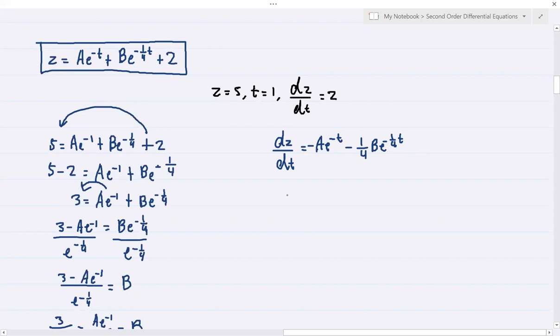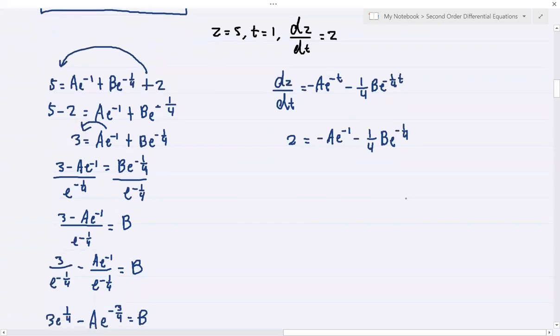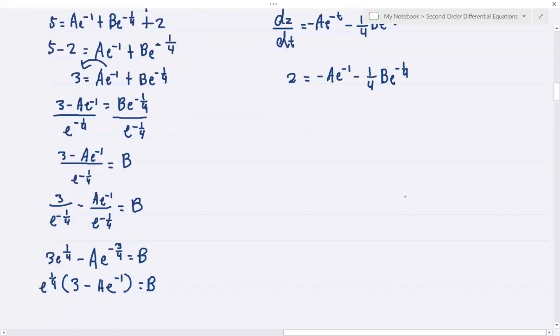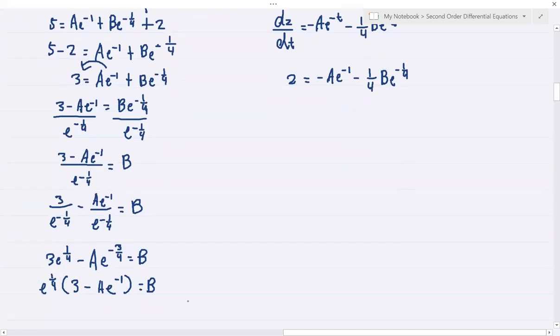Let's substitute. So your dz all over dt is 2 and we have -ae raised to t, which is your 1. So we will have -1 minus 1/4 times be raised to -1/4 times your t, which is your 1. So it is still -1/4. Now, we can substitute your b in here.